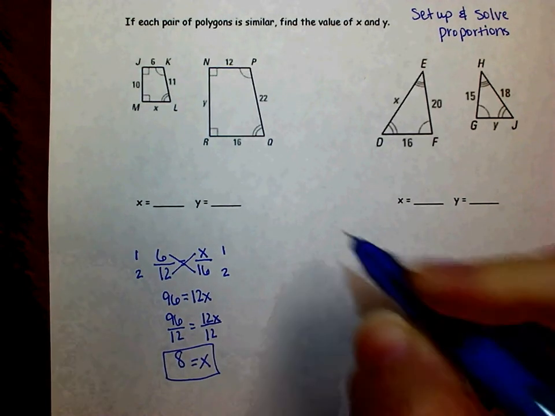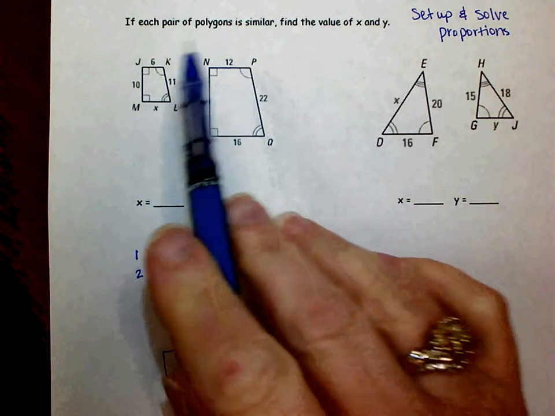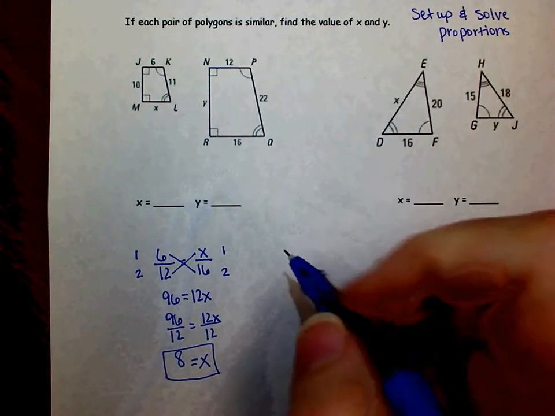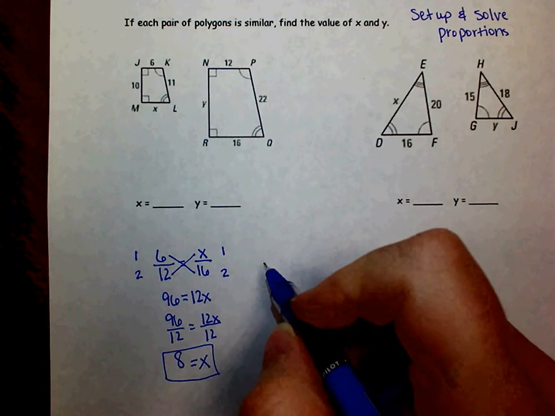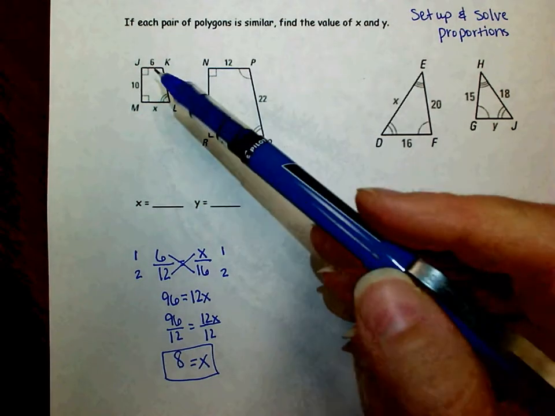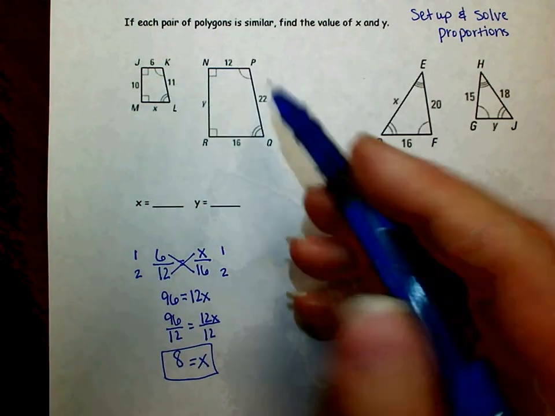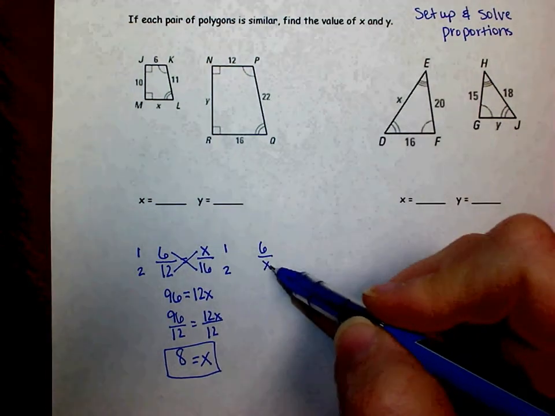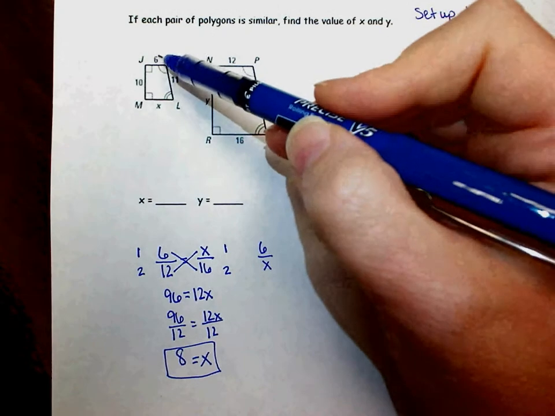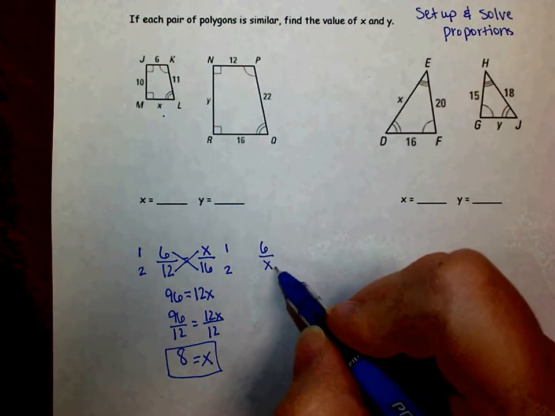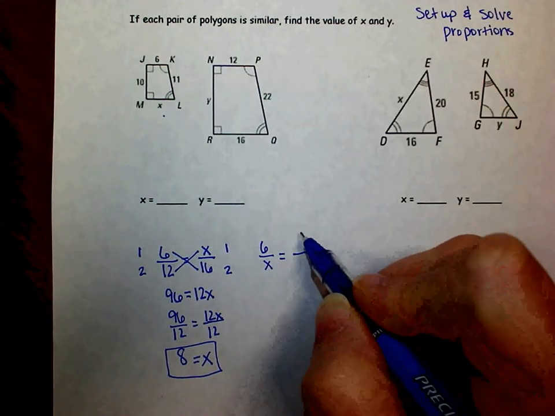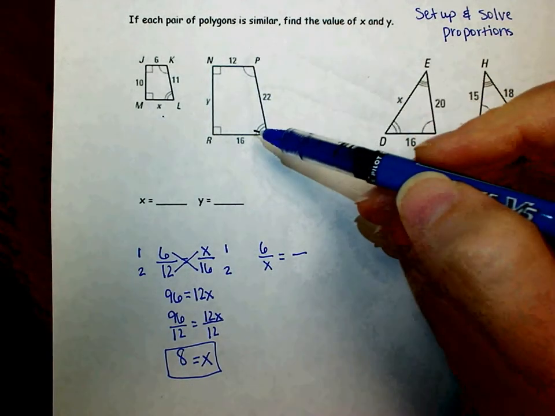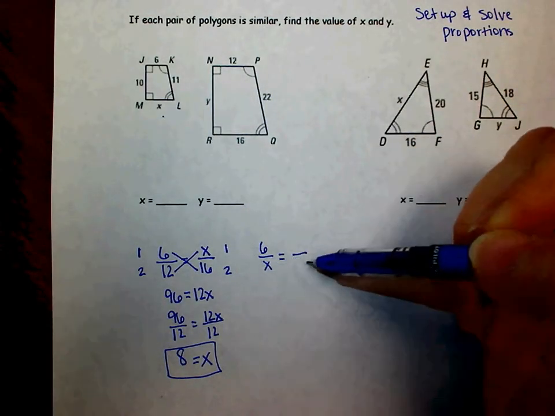Okay, so again, you don't have to do one number from each figure. You can do your first ratio from the same side. For instance, if I wanted to do 6 over x, that gives me my first ratio with the variable that I'm trying to solve. So I have both of these coming from the first figure. So my ratio on the other side has to both come from the second figure, but I want the corresponding sides to be in the same place.